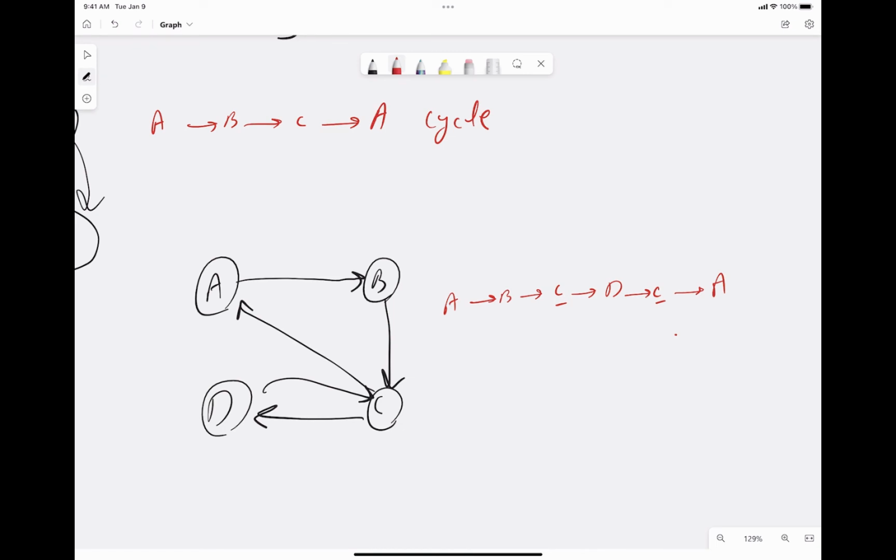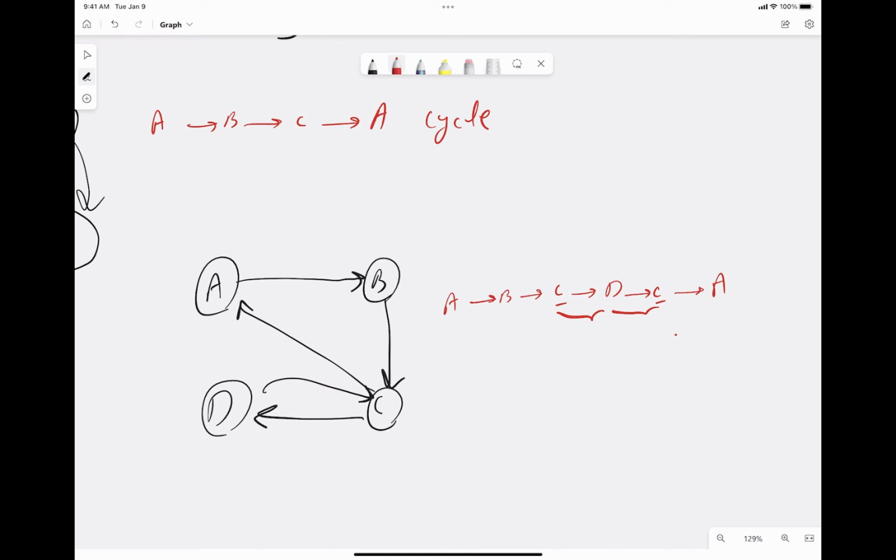However, none of the edges are repeated, because the edge from D to C and C to D are two different edges.